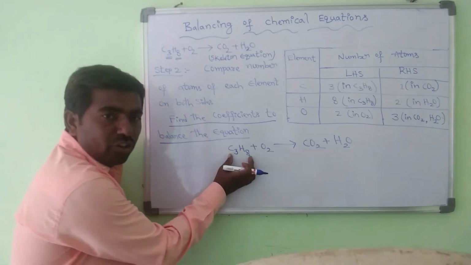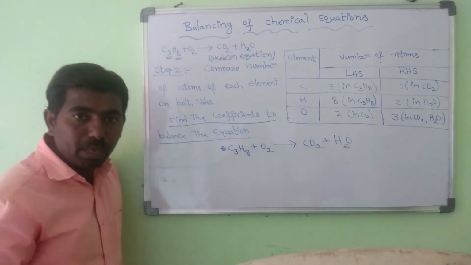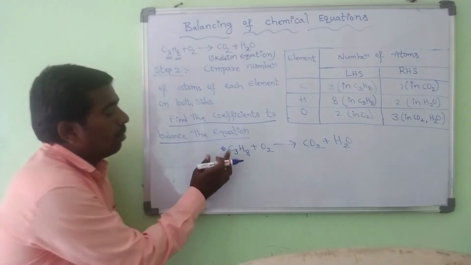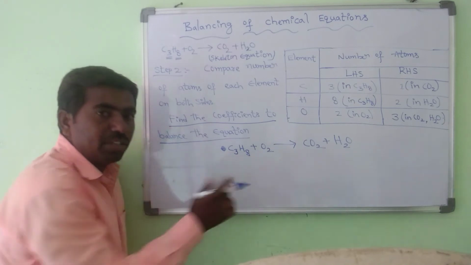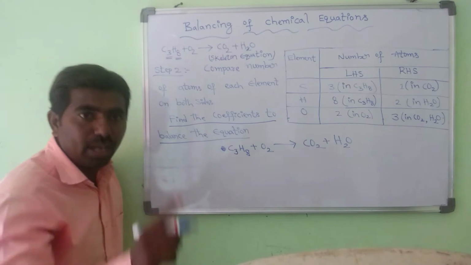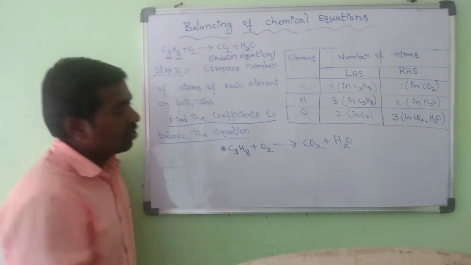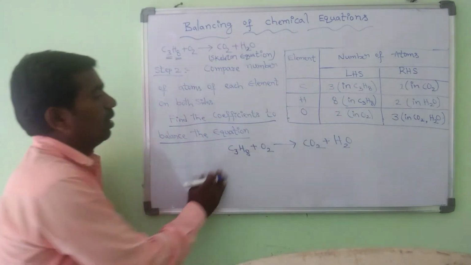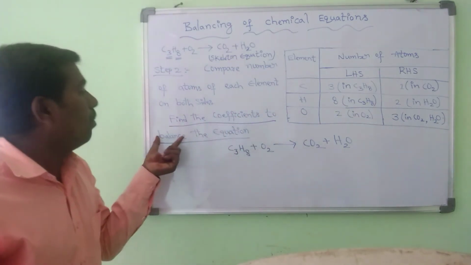Here, before C3H8 there is no number. No number means we assume 1 is there before C3H8. Now the coefficient of this molecule is 1. Similarly, here no number, so I assume 1 is present before O2. The coefficient of O2 is also 1. Similarly here also 1 is the coefficient, here also 1 is the coefficient. So according to step 2, find the coefficients to balance the equation.